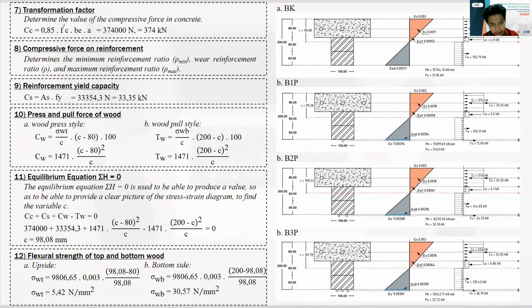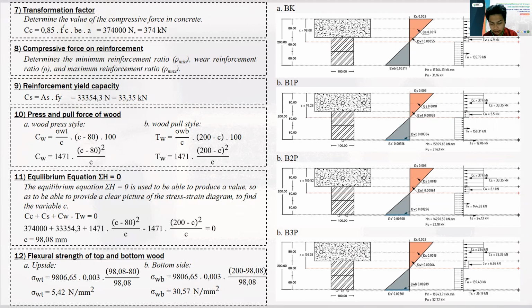So here it is. First, the control beam determining balance of forces. Each of the beams has a different moment capacity. The control beam is 1,764.13 kilonewton millimeter, and the axial capacity is 31.16 kilonewton.